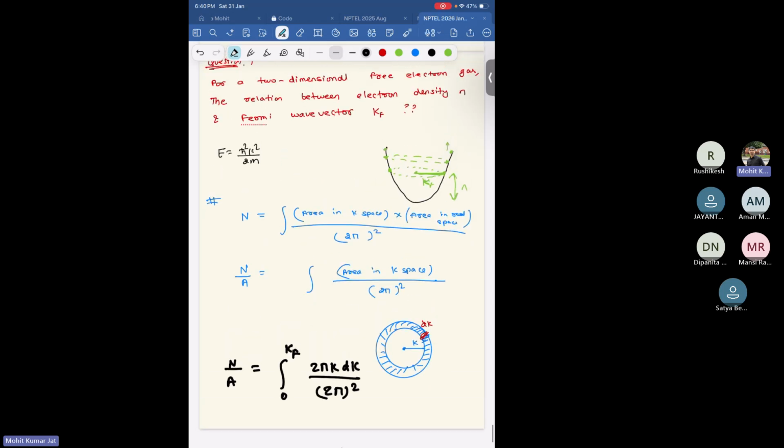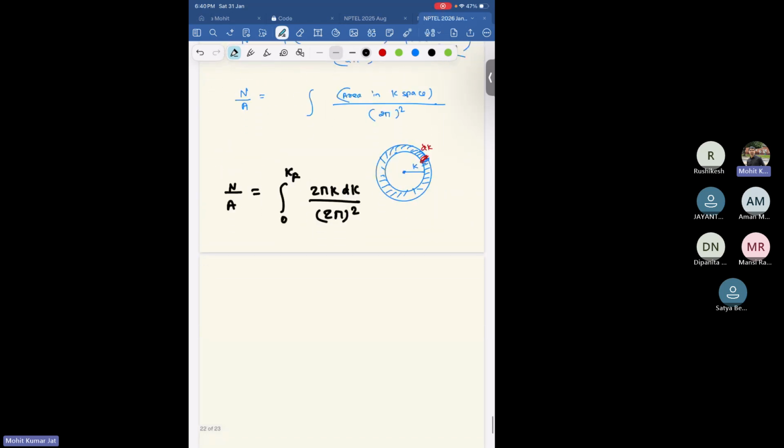And if you do so, what you will get is the number density n. N by A is the number density, which is k square, this 2 pi goes down, k square by 2, from 0 to kf.